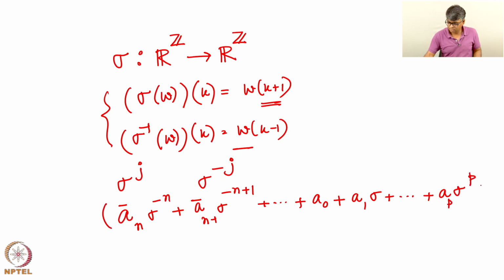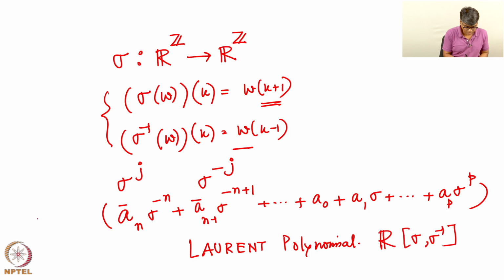That is a standard so called Laurent polynomial in the shifts, and we denote this by a(sigma).